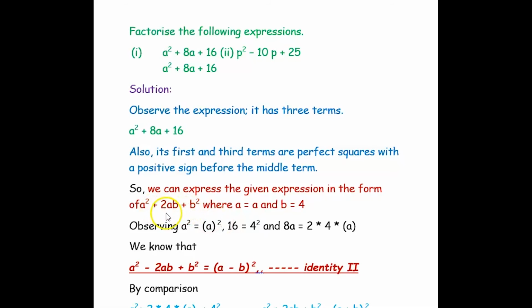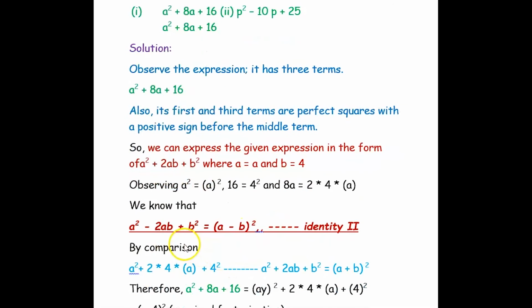Now observing this, we get a square, and then 16. So b square is nothing but 16, so b is 4. And how can we express 8a? It is 2ab. So 2 into a, and b will be 4, so 2 into 4 into a will be 8a.